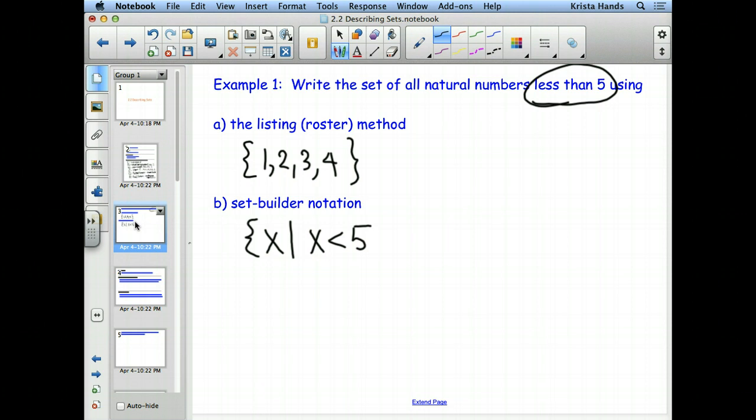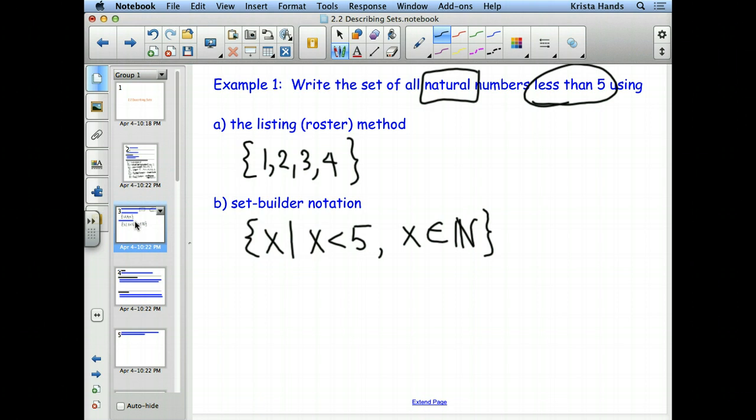But what we don't want is we don't want to include things that are not natural numbers, right? This says natural numbers, so we have to actually say, hey, I'm talking about natural numbers here. I don't want the negatives, and I don't want 0, and I don't want the number 1/2. I don't want any of that other stuff. So the way that we do that is we put that same X, we put that epsilon symbol, and then we're going to put the natural number symbol and close it off.